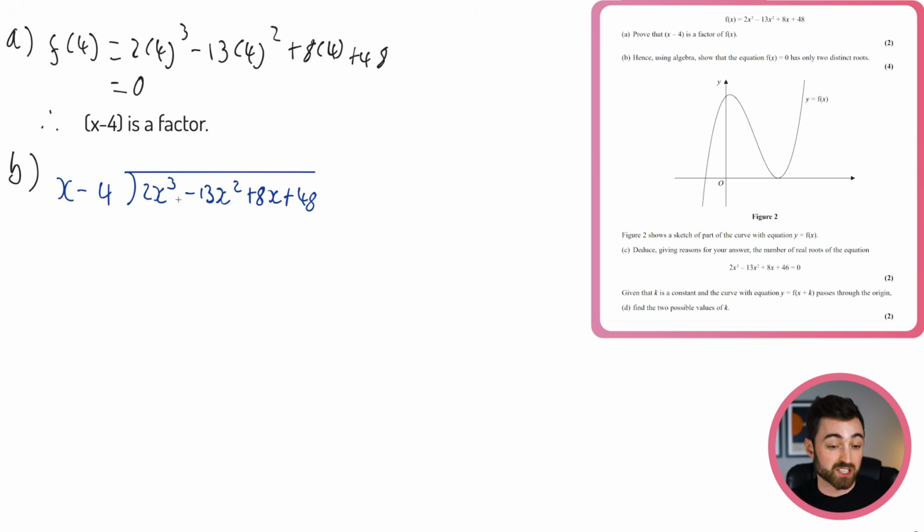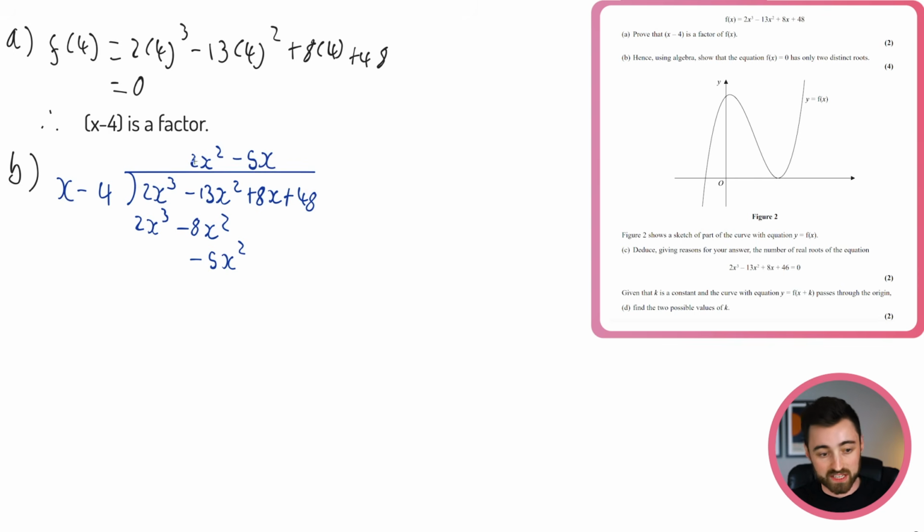How many times does x go into 2x cubed? 2x squared. Multiply this through, so I'd get 2x cubed minus 8x squared. Minus them, so minus 13x squared minus 8x squared will be minus 5x squared. How many times does x go into minus 5x squared? It would be minus 5x.